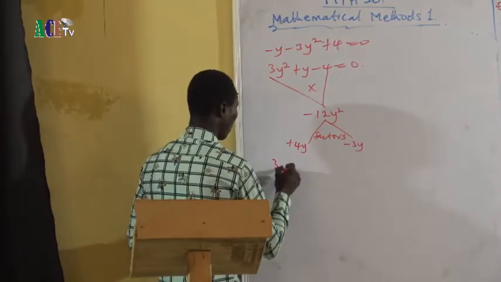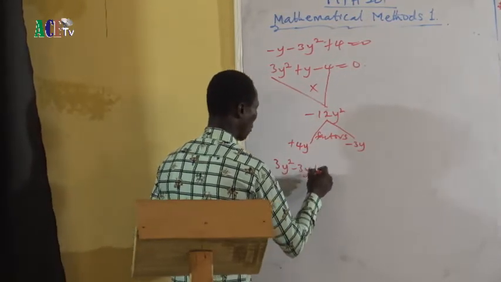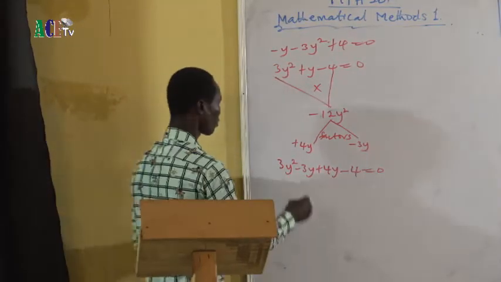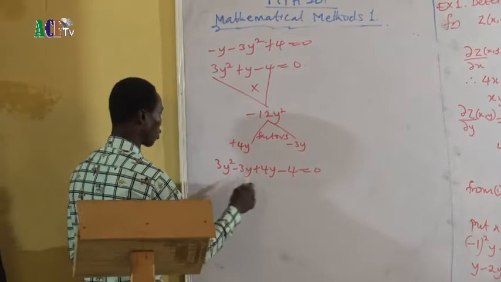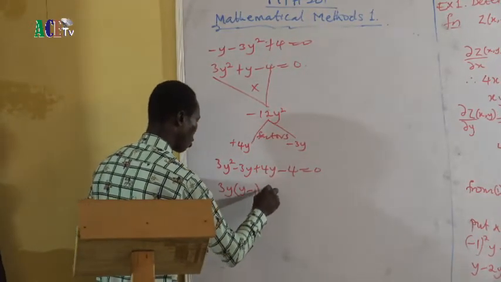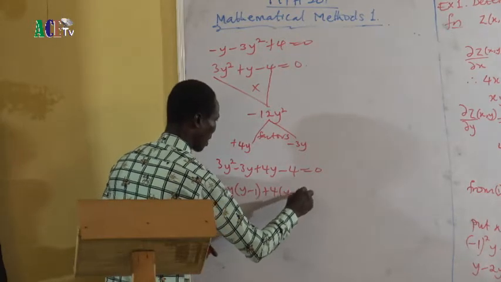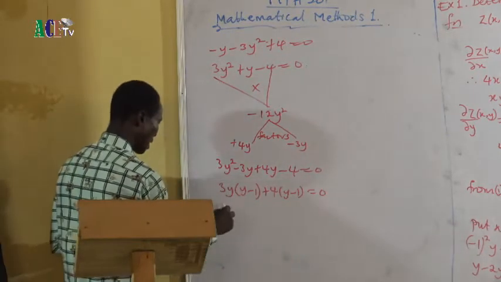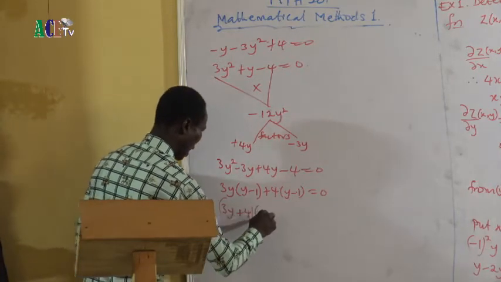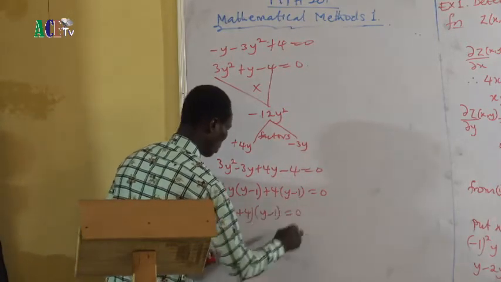I will have 3y squared minus 3y plus 4y minus 4 is equal to 0. From here, I will factorize. I will get 3y into y minus 1 plus 4 into y minus 1 is equal to 0. Then I get 3y plus 4 and y minus 1 is equal to 0.